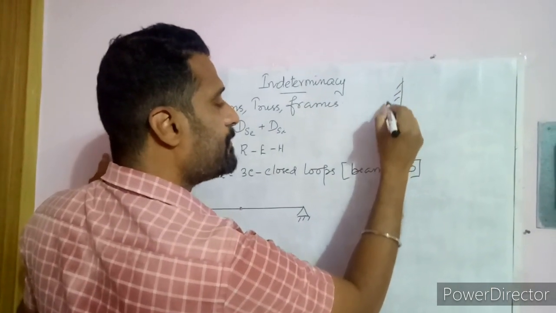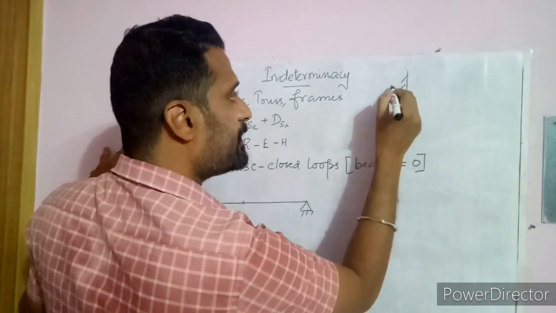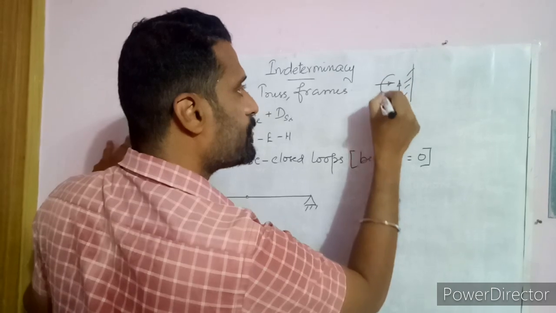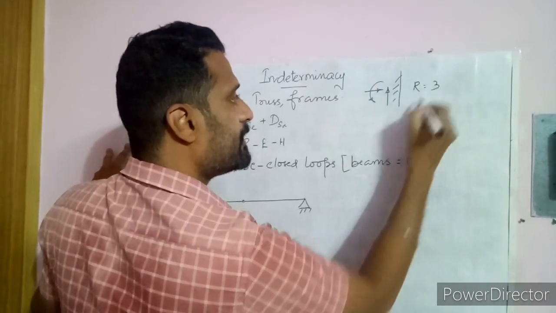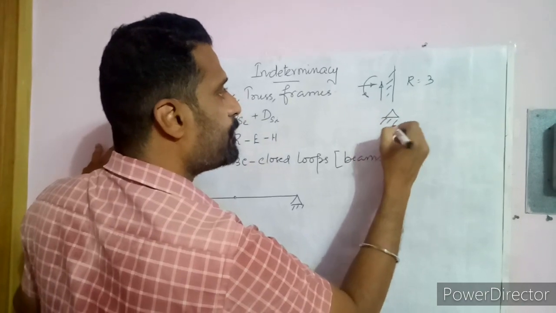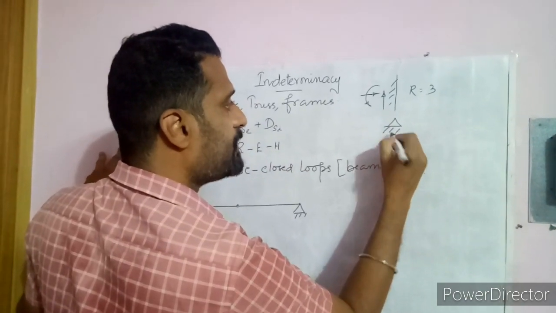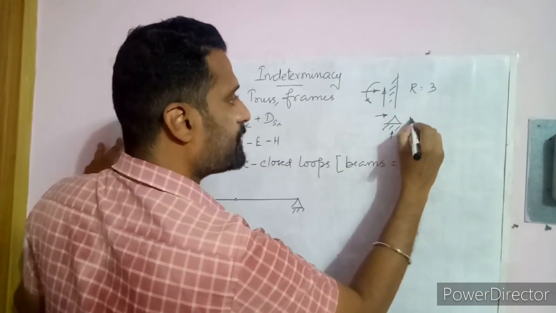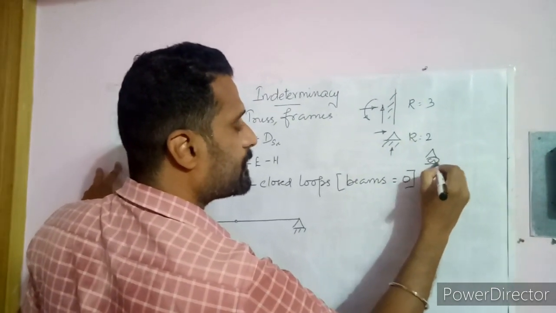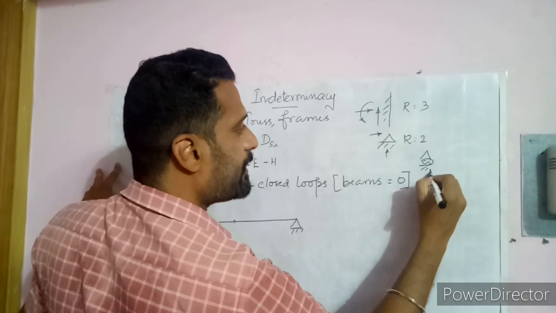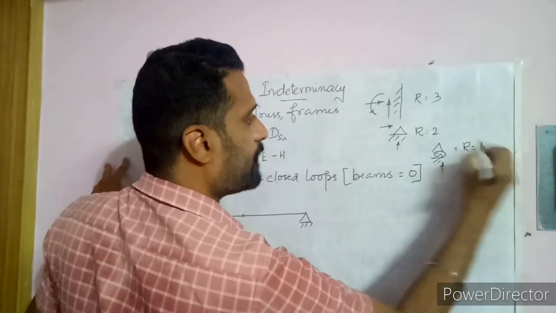For a fixed beam, there is a vertical reaction, there is a horizontal reaction, and also there is a moment reaction. Therefore the reaction is 3. In case of simply supported, there is a vertical reaction and there is a horizontal reaction. Therefore the reaction is 2. For rollers, it takes only the vertical reaction. Therefore the reaction is 1.